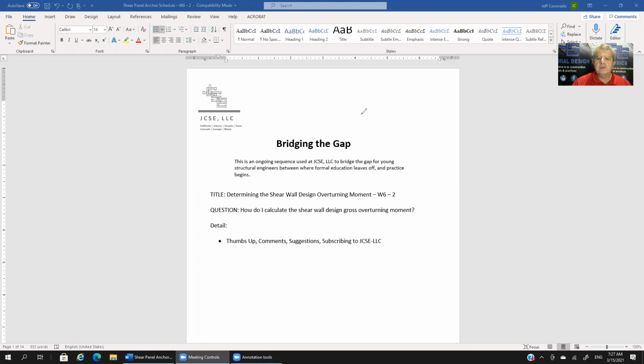Bridging the Gap is for younger engineers, whether you are currently in school or college aspiring to be a design structural engineer, or you've gotten out of school within the last few years. Structural engineering can be a very challenging field to get into, as many of you may know.